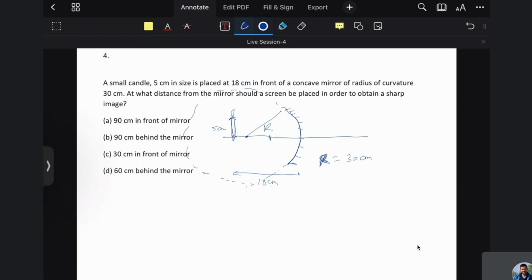Okay, sir. So the question is, at what distance from the mirror should a screen be placed in order to obtain a sharp image?